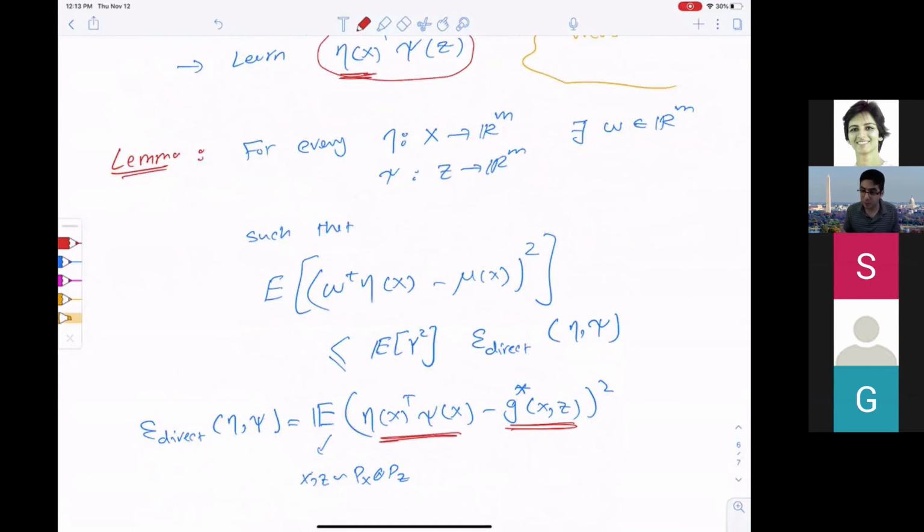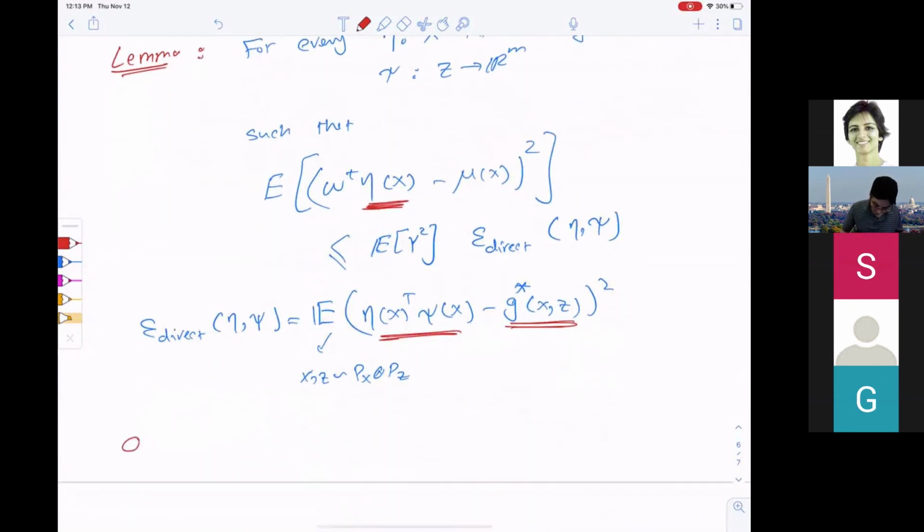I'm not losing much information. And I, in fact, can use a linear function of one of these functions in order to get close to mu of x, which is a very good predictor of y. That's basically the idea.